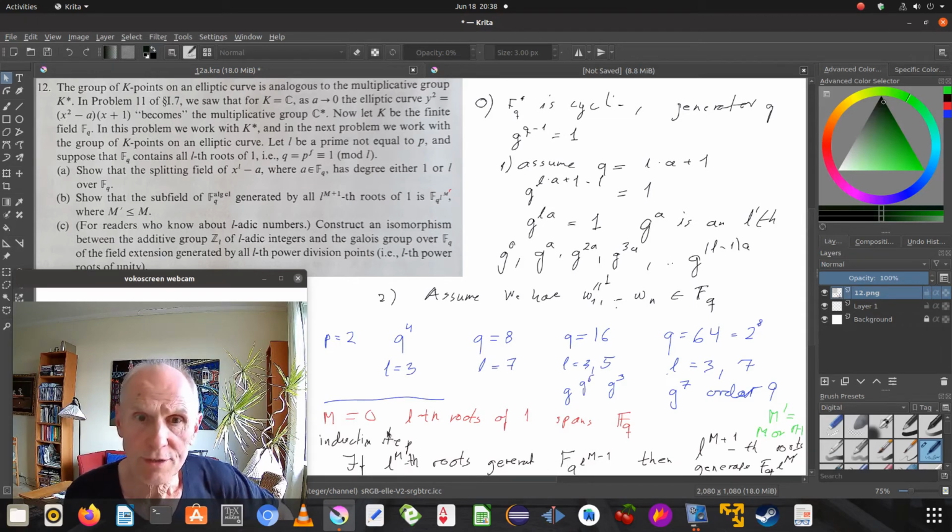And that means that q to L to the m minus first is equivalent to unity modulo L to the m.